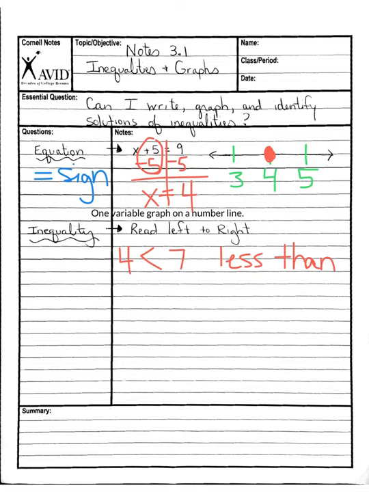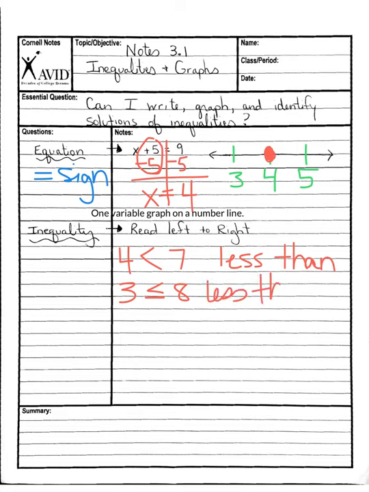But let's say I had one with a line underneath it. That symbol with the line underneath it is 3 is less than 8, but the line underneath means it can also be the number 8. So this is a less than or equal to.